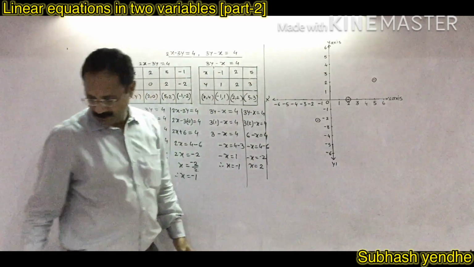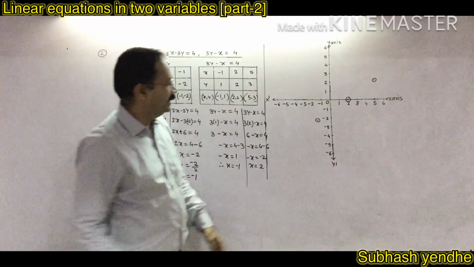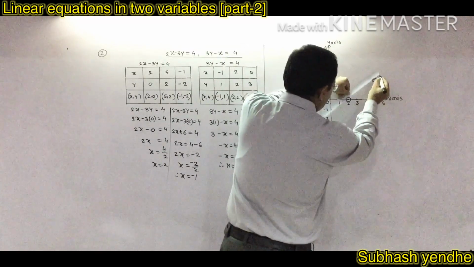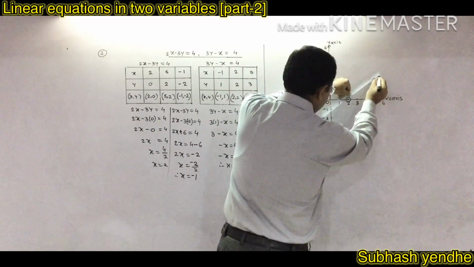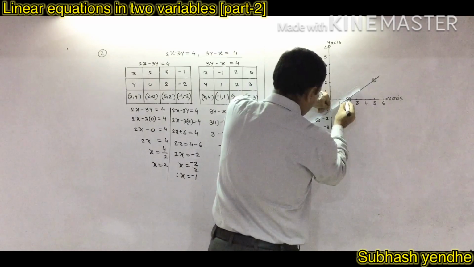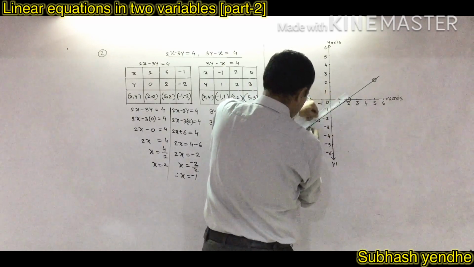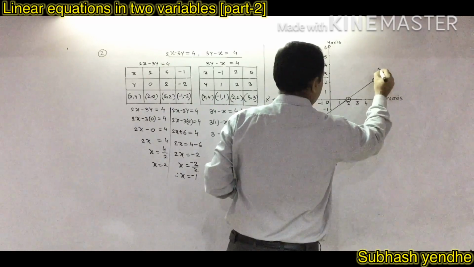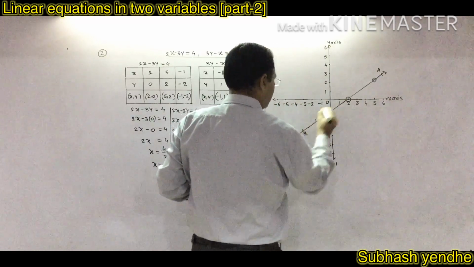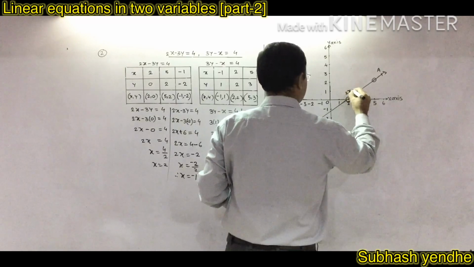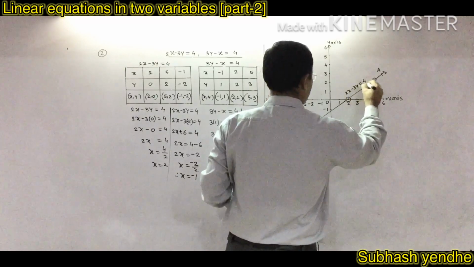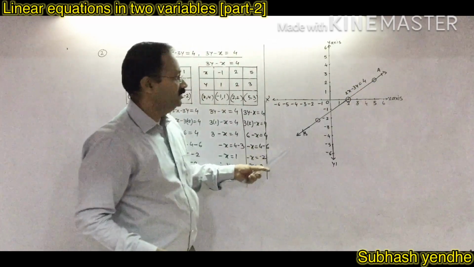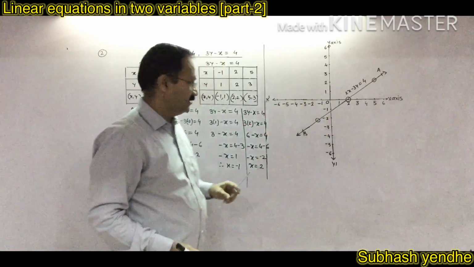So if you draw these points and then join these points, you will get one line. Give it the name AB and write 2x minus 3y equals 4. This is the line related to this equation.